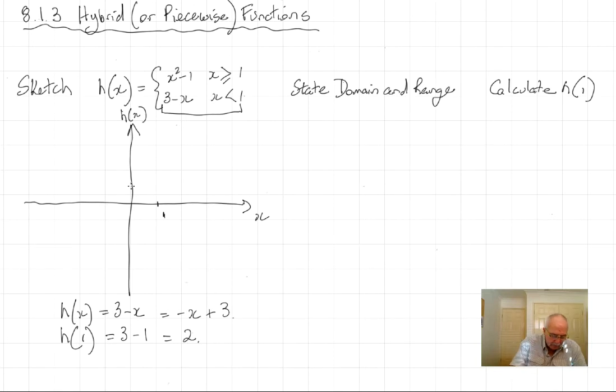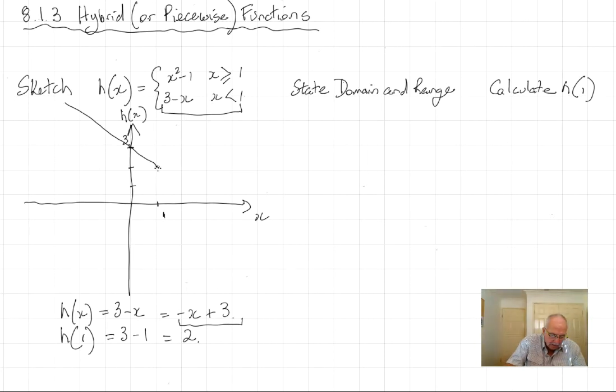Okay, so it does not include 2 as a value of the function at that end. So we go up to the point 2, and we'll just put a point there at the moment, and we know that negative x plus 3 has a negative gradient, so it's going to drop as it comes down there, and it's going to go through the point 3. So here it is, a straight line graph.